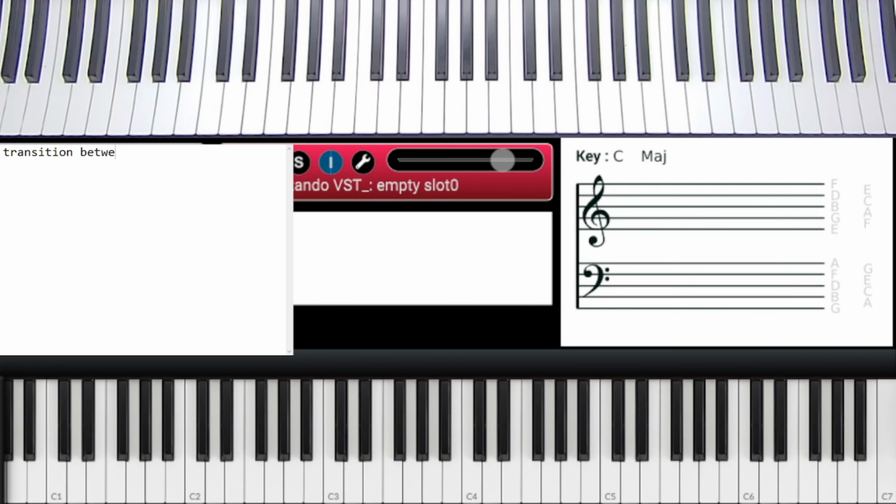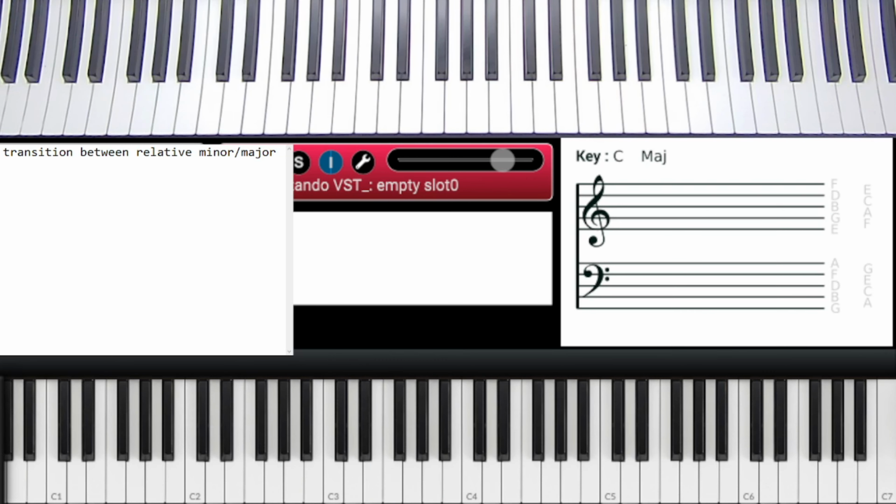One of the easiest and most common things I could think of is a transition between a relative minor and its relative major. They share the same chords. So the 7 chord, the 5 chord in C minor, is the 7 chord in A minor.